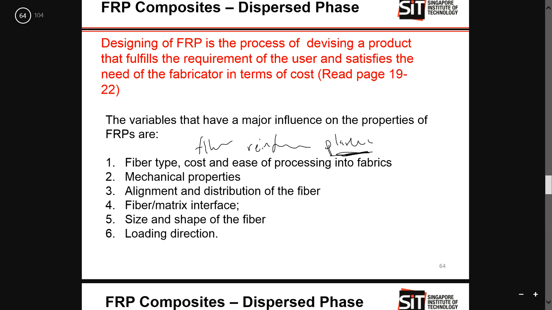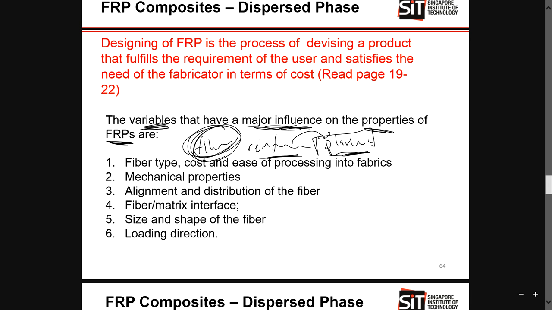The plastic itself is already plastic, and there is nothing much we can do about it. So we add in the fibers to reinforce the plastic, so the plastic will have certain properties. This is why the fibers are the variables that are a major influence on the properties of the fiber reinforced plastics. I hope this is pretty clear.